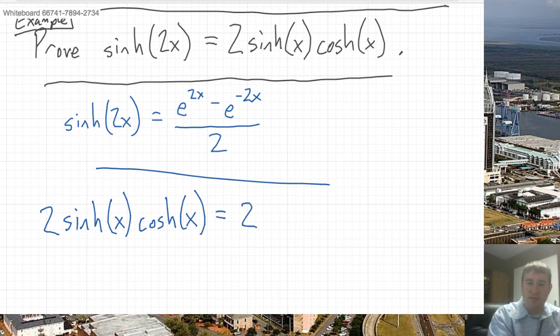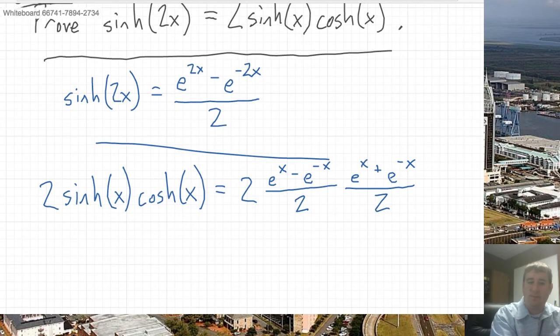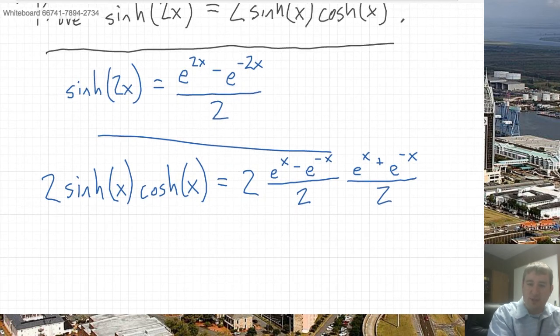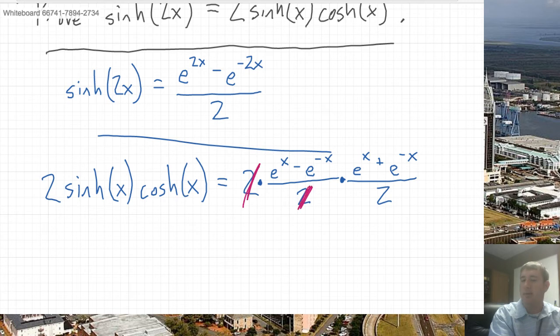2 times the fraction e to the x minus e to the negative x over 2, and another fraction, e to the x plus, for cosine, e to the negative x, all divided by 2. And this is all multiplication, so 2 times the fraction times the other fraction, and so I can cancel a 2 on the top and bottom, and that's good because we're trying to make it look like that guy right there.